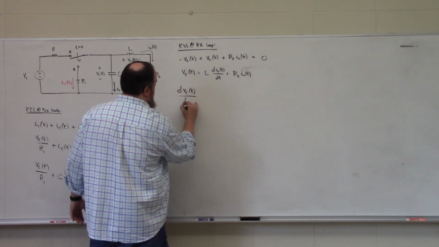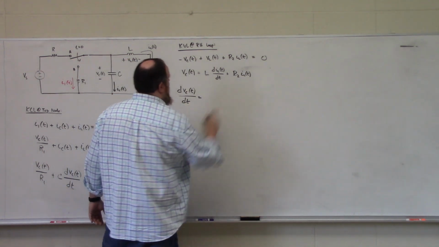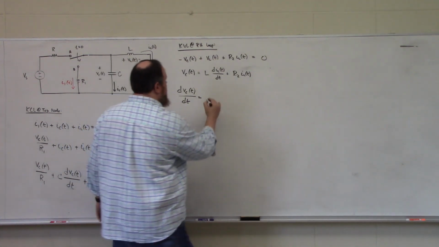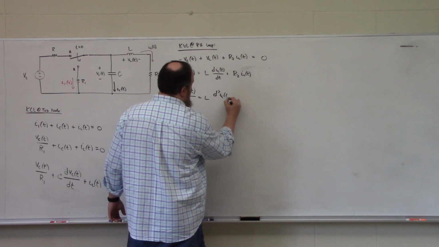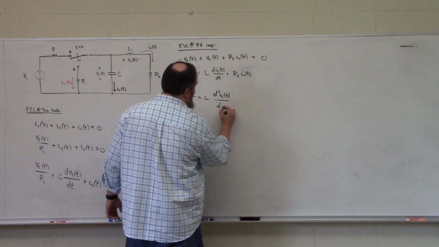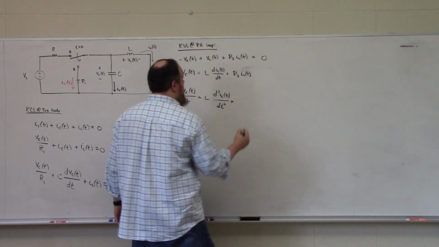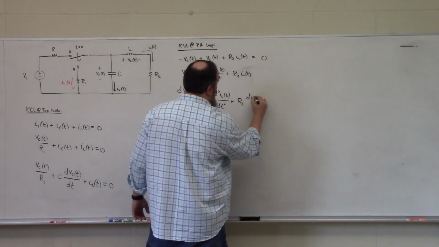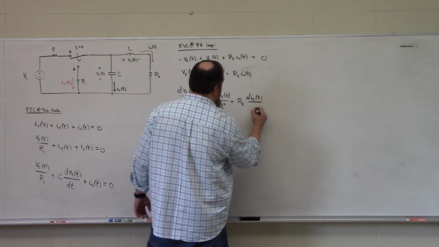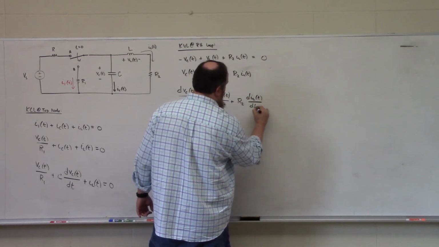dVc by dt will be the derivative of the right-hand side. So that's L times the second derivative of the inductor current with respect to time plus the first derivative now of the inductor current with respect to time.